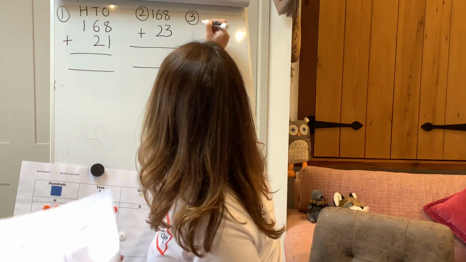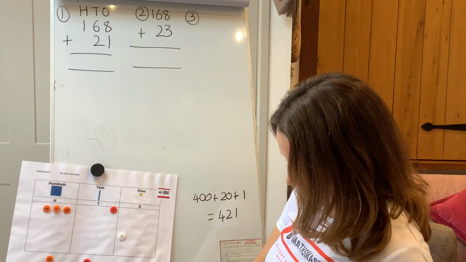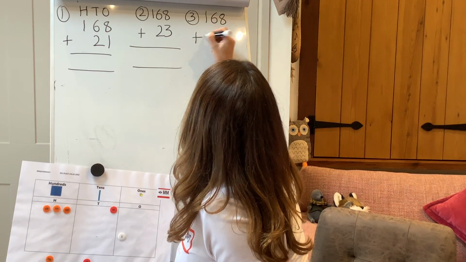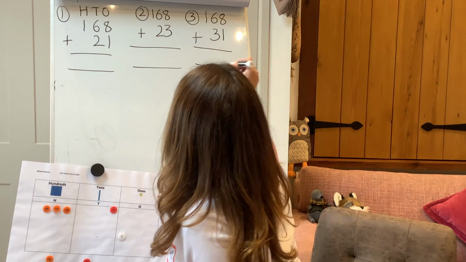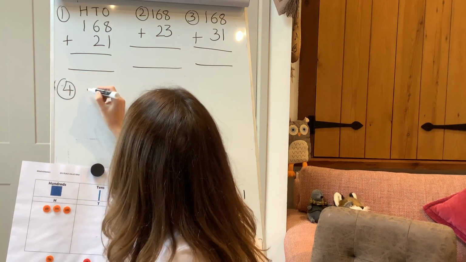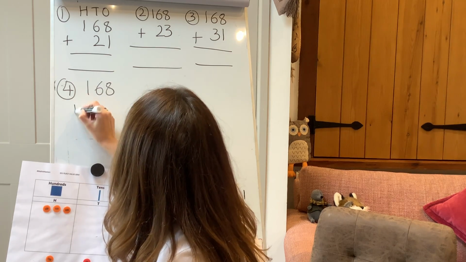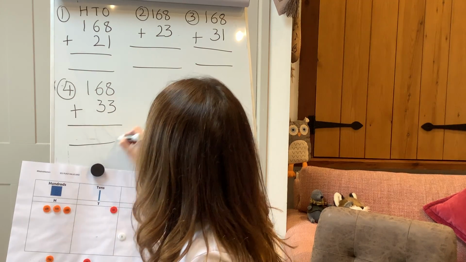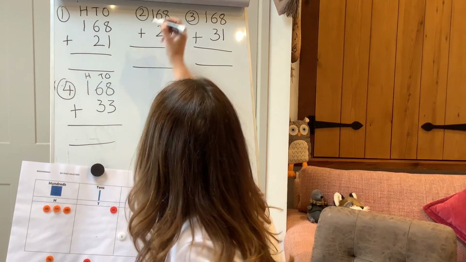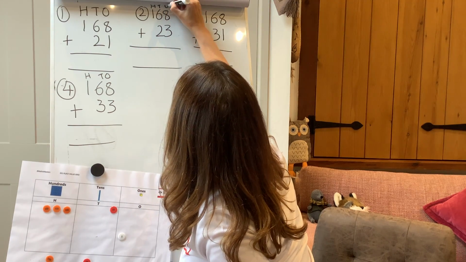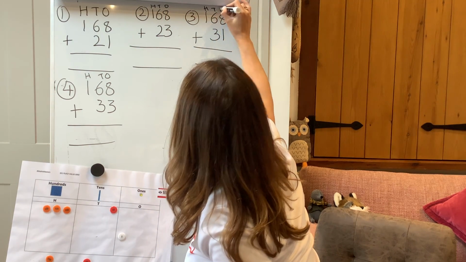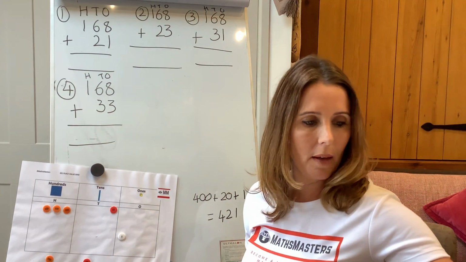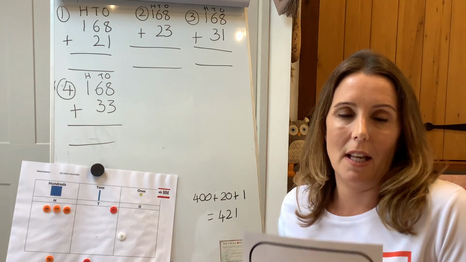We have got 168, add on 31, and then question 4, we've got 168, add on 33. Now remember, use your hundreds, tens and ones headings to help you to make sure you've got your numbers aligned in the correct place, and pause the clip, look at it, look at what you're going to exchange and have a go at those.